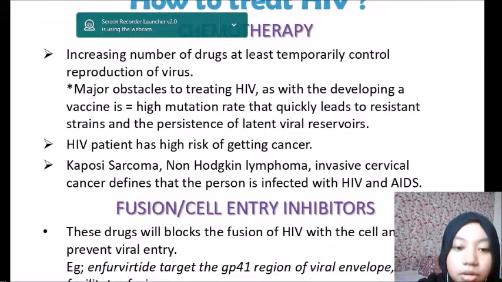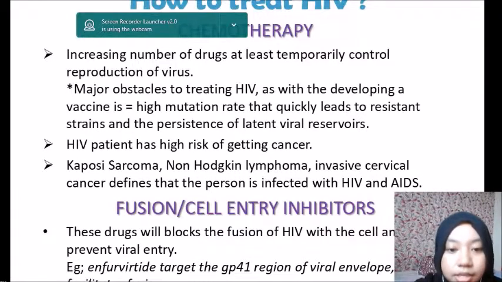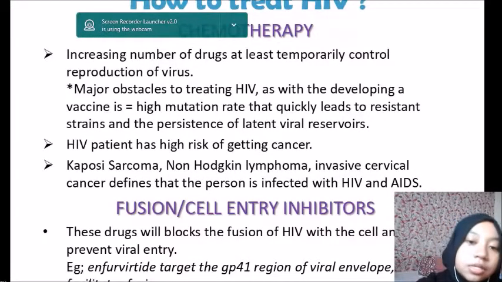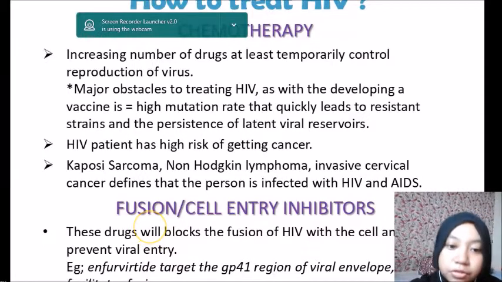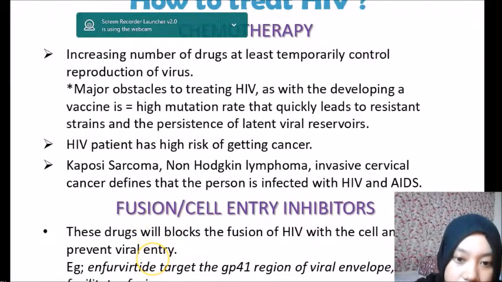So this drug will bind to GP41. Then the conformational changes cannot happen, and thus the fusion or cell entry of the virus cannot occur. For example, the drug enfuvirtide targets the GP41 region of the viral envelope, which facilitates fusion of the virus.